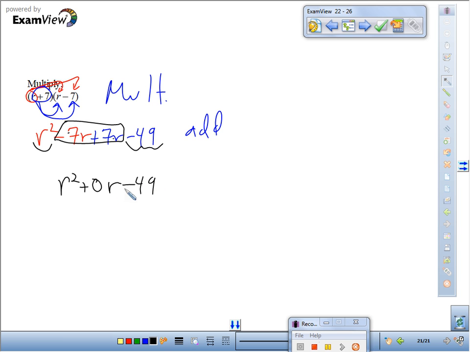So now, to rewrite this, just simplified, check this out. r squared. I don't need to write this middle term because it's 0. But I do write what? Minus 49, and I'm done. No r, because how many r's do you see? 0. That's why we don't write it.